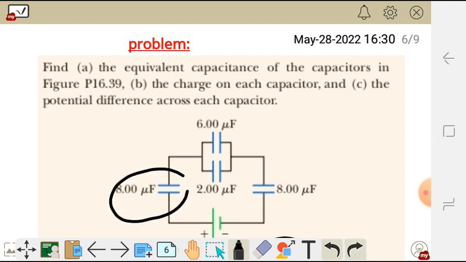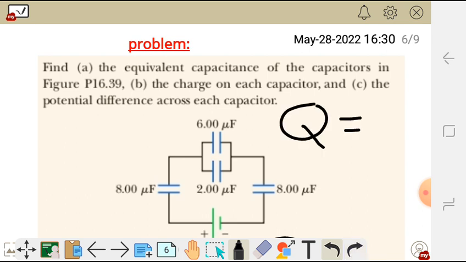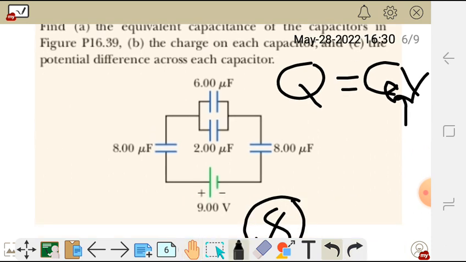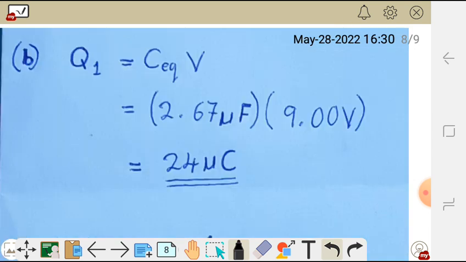To find the charge for capacitors in series, since charge is equal to CV, you replace C in the formula with the equivalent capacitor for the capacitors in series. And the voltage we already have, which is 9 volts. So for Q1, we use the equivalent capacitor multiplied by voltage.